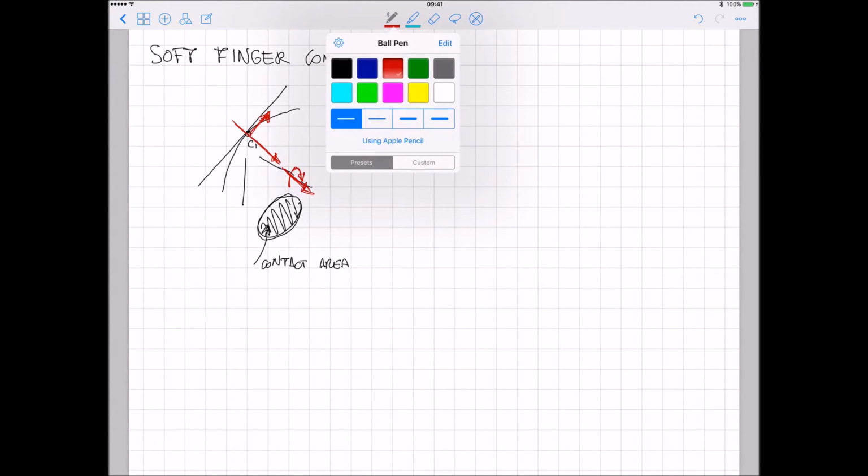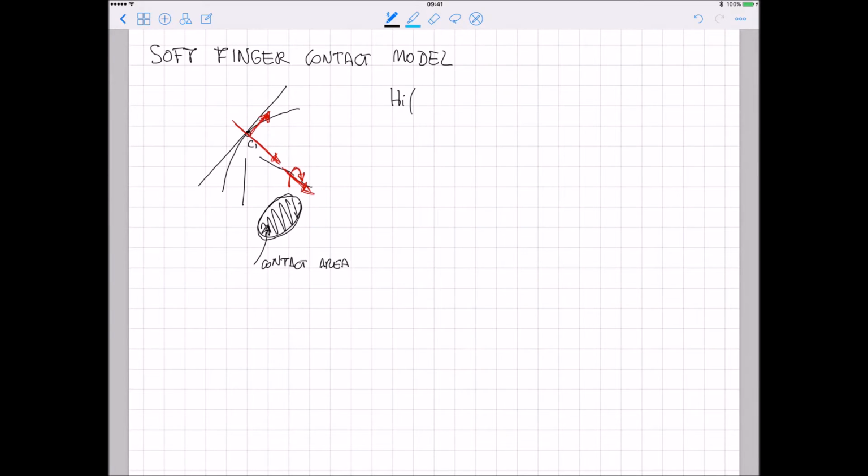So what I get here is that I lock the translation in the contact point, but also I constrain the rotation with respect to the direction normal to the surface, and of course the other two rotations are free.